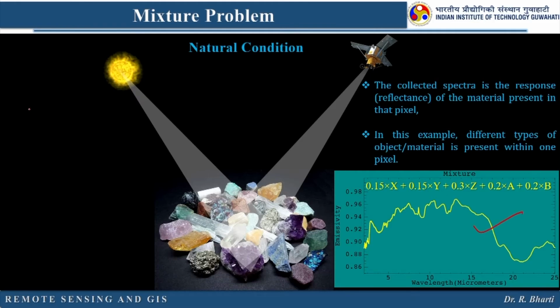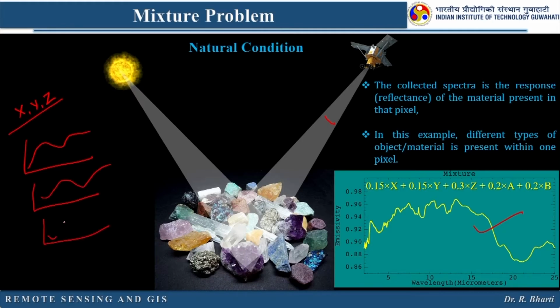So assuming here you have X, Y and Z, three types of material within this field of view, and you have a spectral library where you know their spectral behavior in given wavelengths. Now if you know that these three have actually been reported in this particular pixel, then if you mix them in different proportions, you may match with this particular captured spectra, right? So this is what is happening in the natural condition.